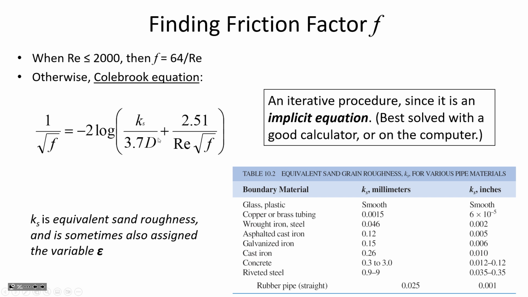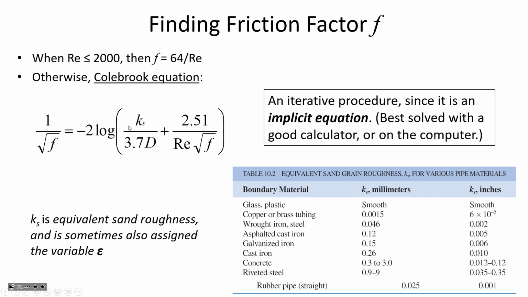So this K sub S to D is the relative roughness, where K sub S is the equivalent sand roughness we've talked about before. We've seen a different table. Here's the table that's provided in your fluid mechanics book of different equivalent sand roughnesses for pipe materials. Sometimes K sub S is used. Other texts and equation books use epsilon as the variable for that.